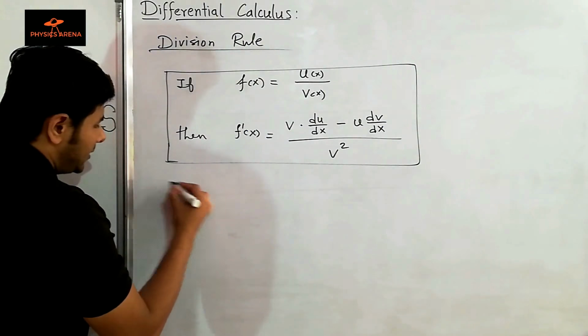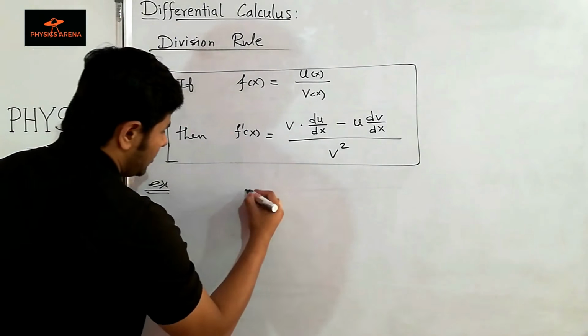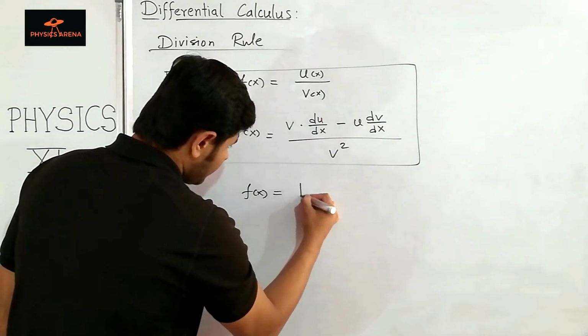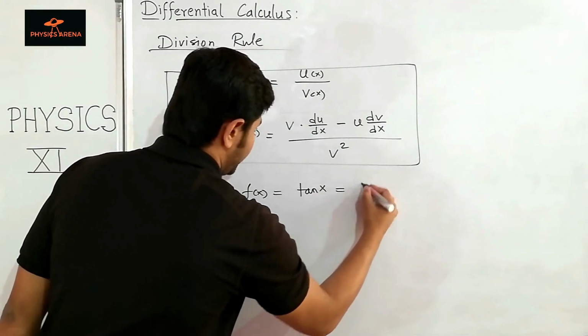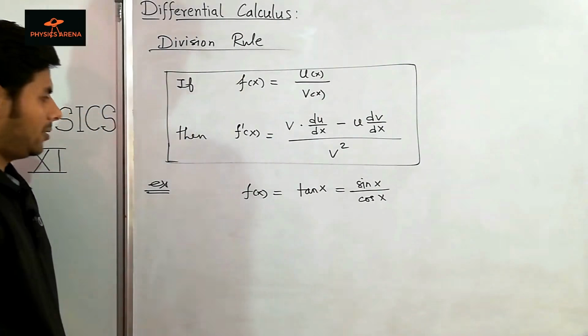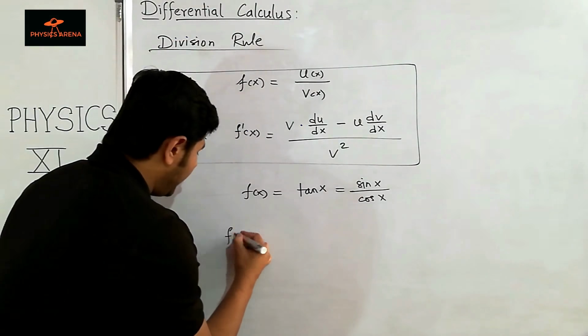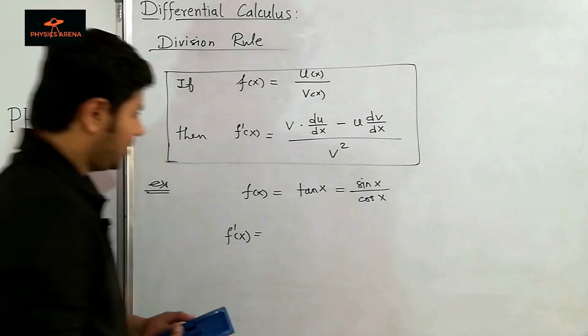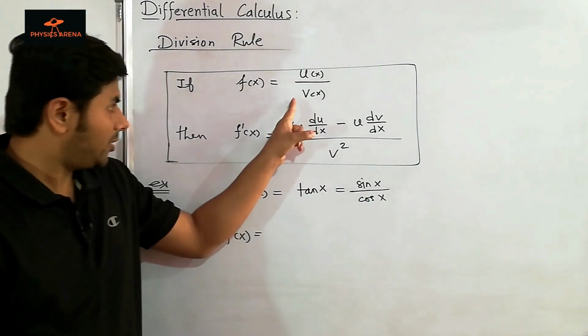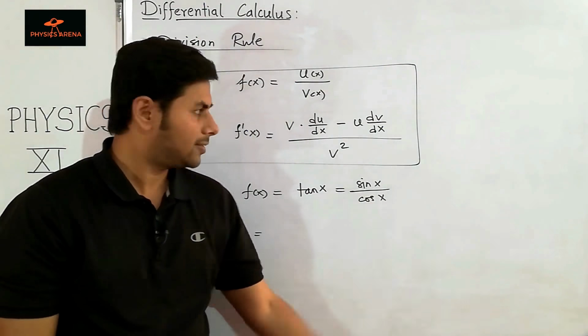So let's take an example. Suppose f of x is tan x. It is sin x divided by cosine x. So what will be f prime x? Here u of x is sin x and v of x is cosine x.